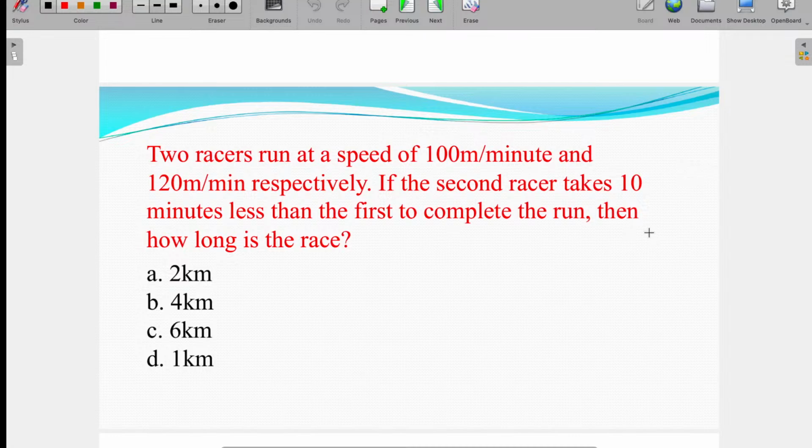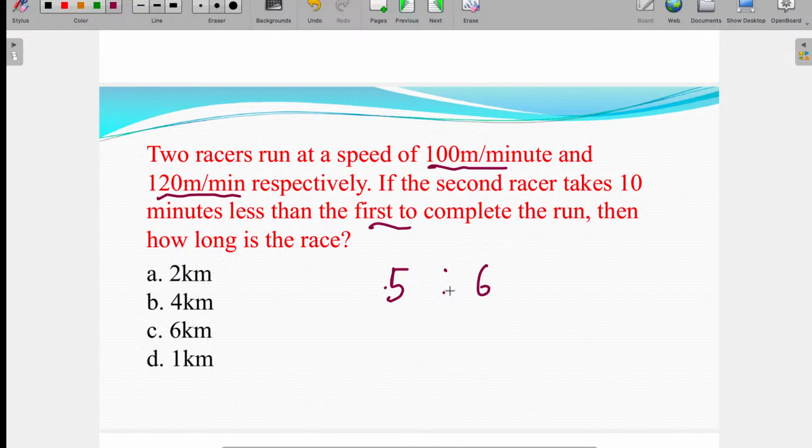Someone said the answer is right. Yes, say now. Two racers run at 100 meters per minute and 120 meters per minute respectively. The second racer takes 10 minutes less than the first. The ratio will be 5:6. Correct? 2 kilometers.